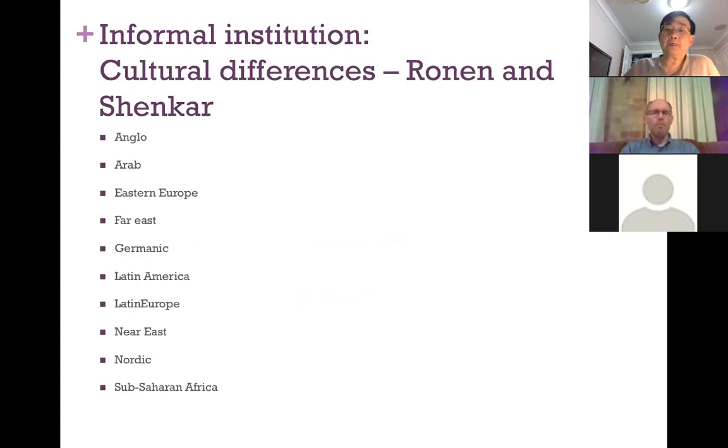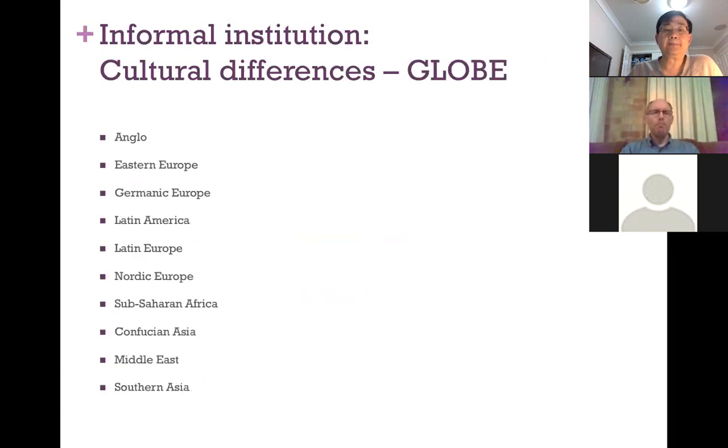Of course, you can argue that there may be more than that which may not be included in the study. GLOBE takes a similar approach, with some similarities, like the Anglo culture group, Eastern Europe, Germanic Europe, Latin America, and so on. They also include Confucian Asia and Middle East, aside from Southern Asia as well. So slightly different in terms of grouping the cultures.